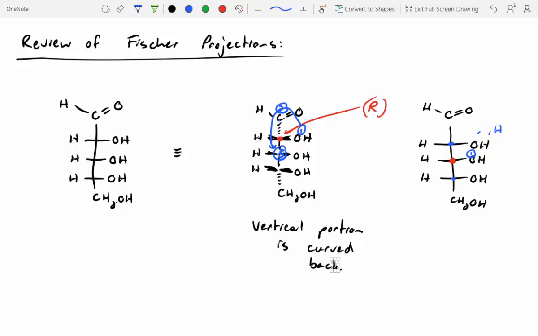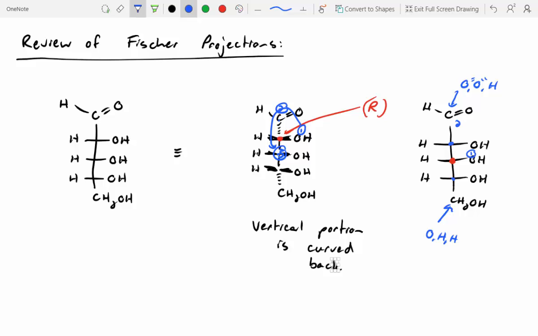So I'm going to erase this. We'll go 1 more carbon down. Now if we look at this carbon versus this carbon, this carbon's attached to 1 oxygen, a ghost oxygen, and then a hydrogen. Why do we have a ghost oxygen? A double bond. If we go down here, this carbon is attached to an oxygen, a hydrogen, and a hydrogen. That means the top one's going to be the higher priority, right?